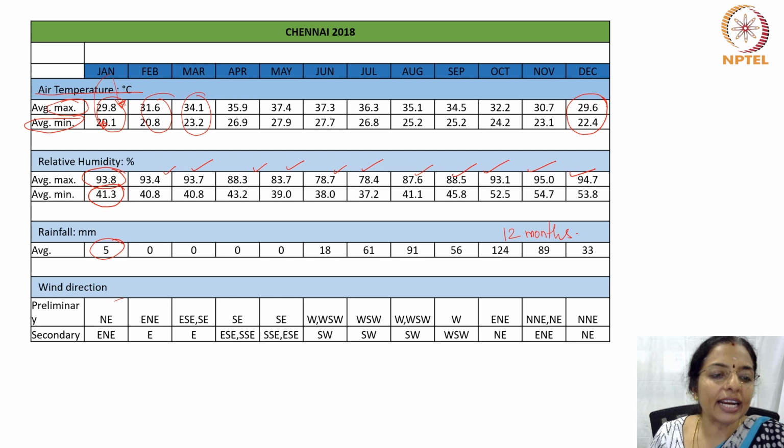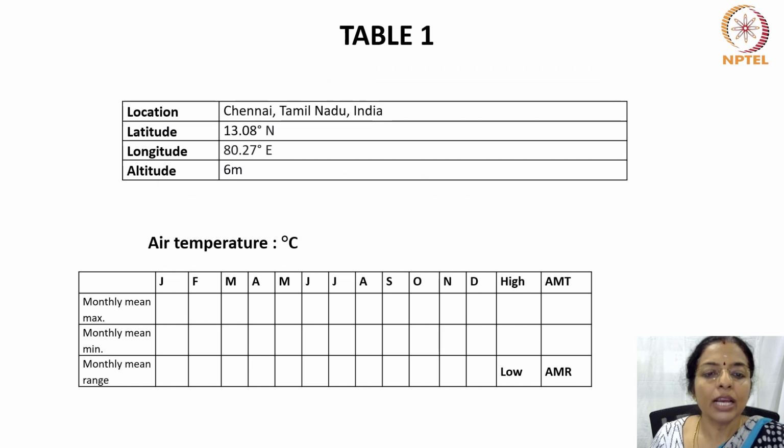The wind direction is further entered as primary wind and secondary wind for all the 12 months. So we will see this step by step. First, this is how you will have the chart. The chart will be empty like this. In this, you should fill up the data for Chennai.